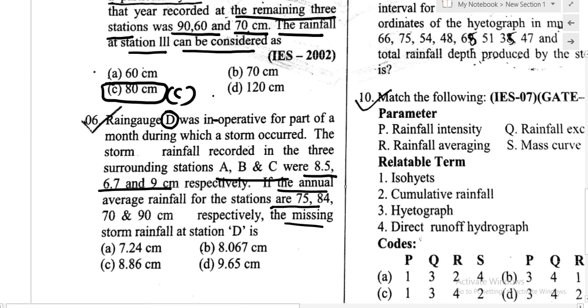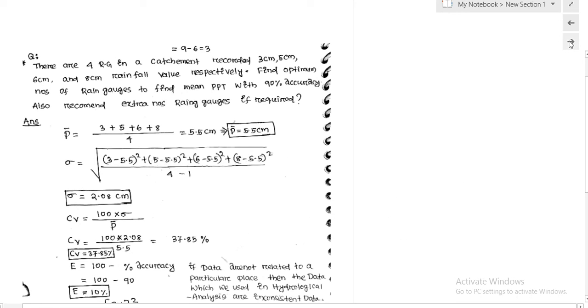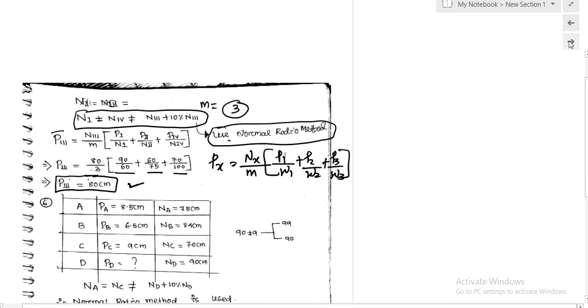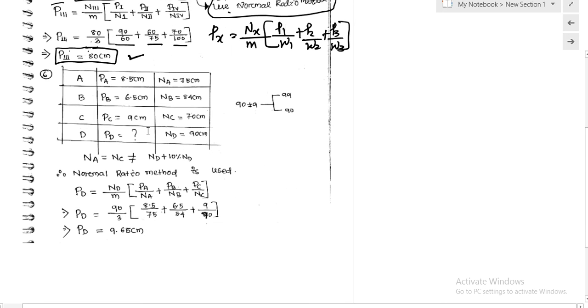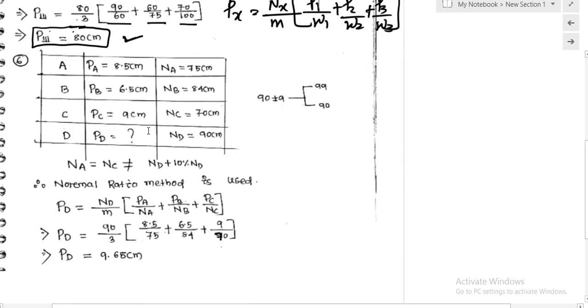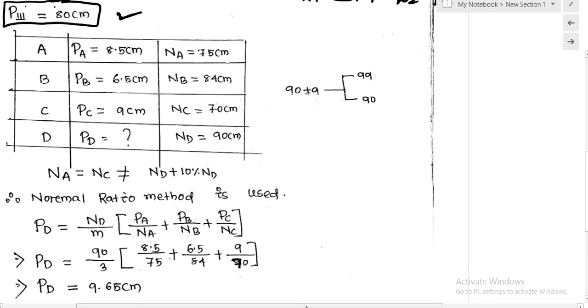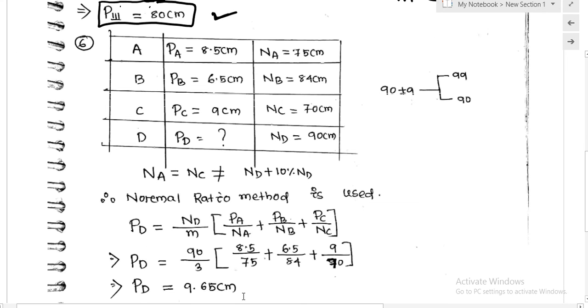So you have to find out question number 6. Now what are the things given? A, B, C are operating, but D was not operating.